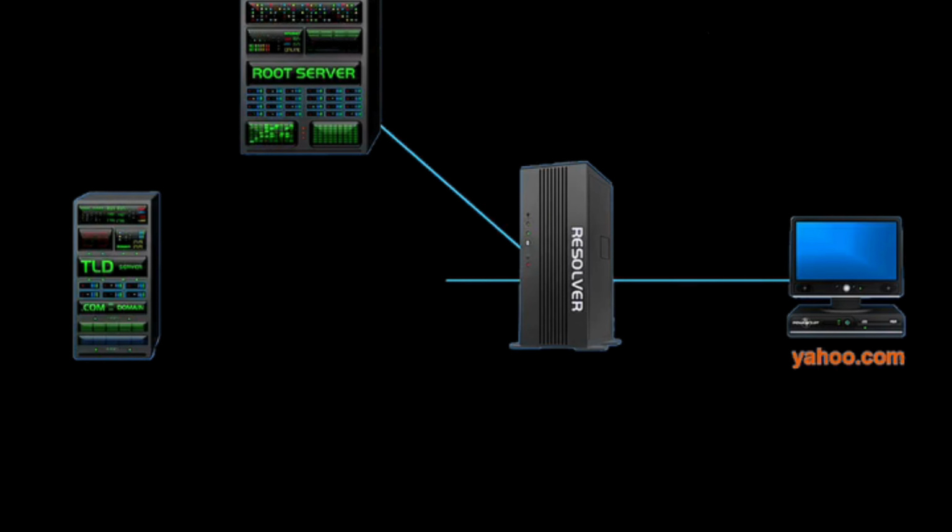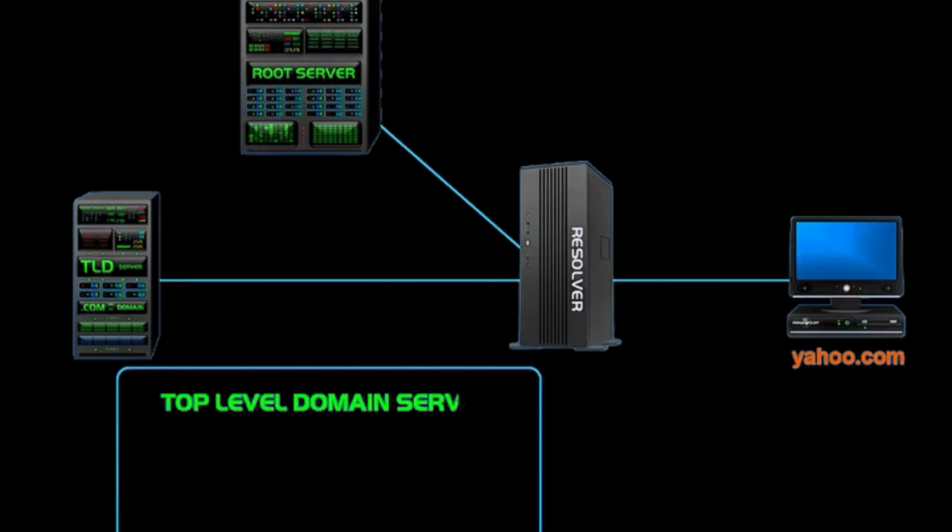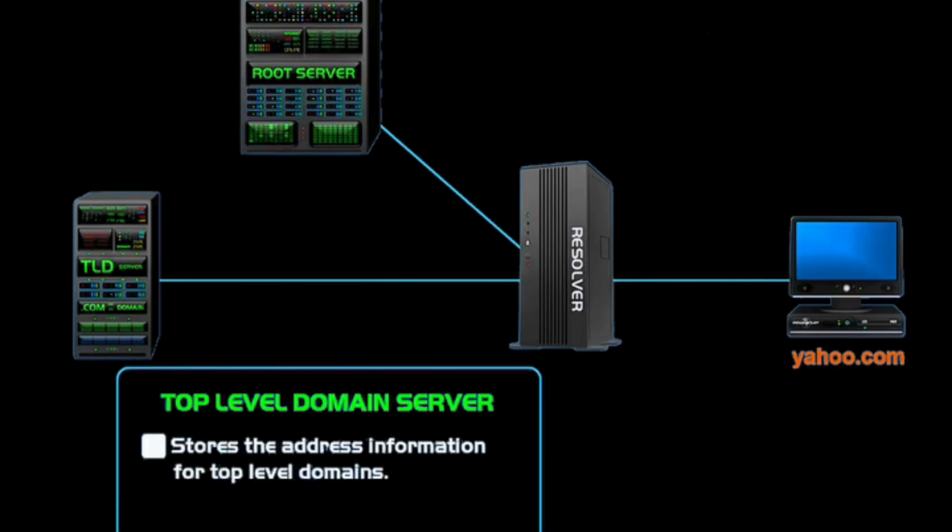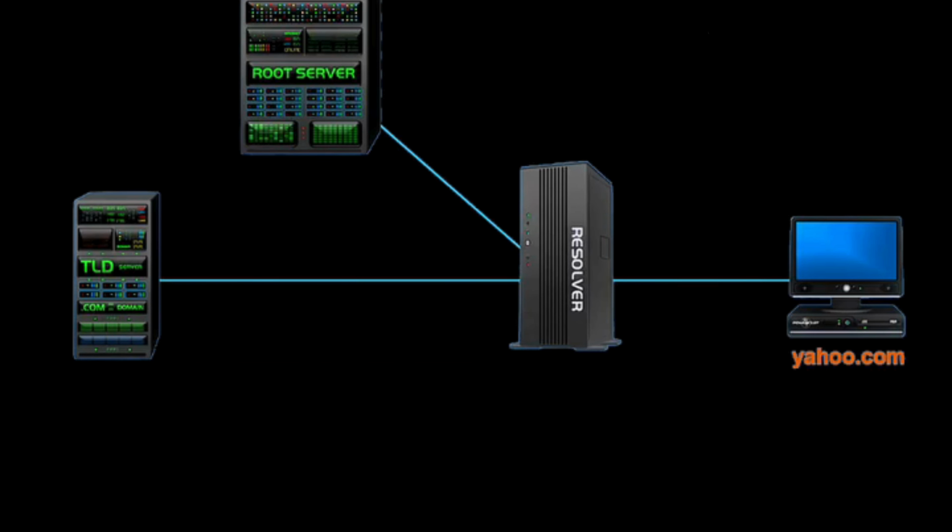So the resolver will now ask the TLD server for the IP address for yahoo.com. The top-level domain server stores the address information for top-level domains, such as .com, .net, .org, and so on. This particular TLD server manages the .com domain, which yahoo.com is a part of.